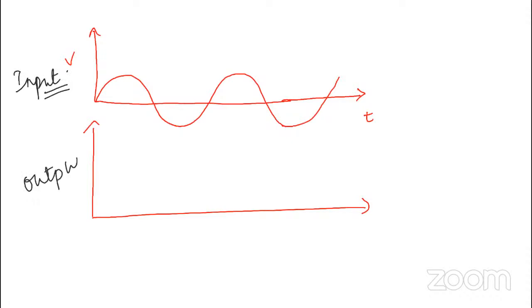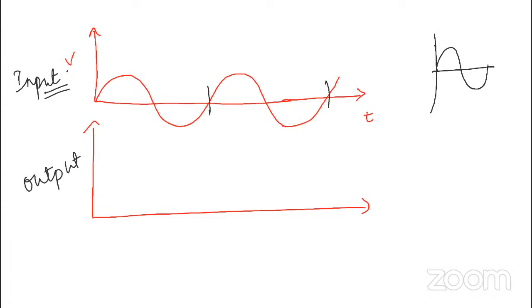In the output wave it should be cut into half. So now a full waveform has one loop on top and one loop below. This is considered as a full wave.